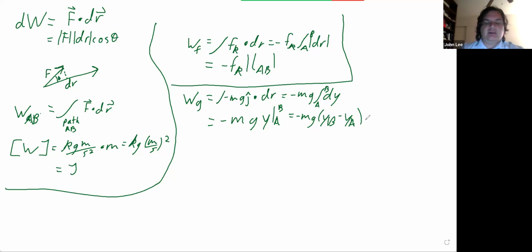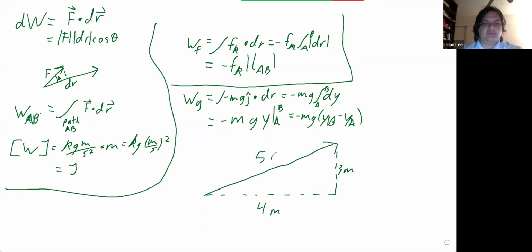But the more interesting question is if you take an object and transport it in a straight line, 4 meters in the x direction and 3 meters in the y direction, for a total of 5 meters along this straight path.